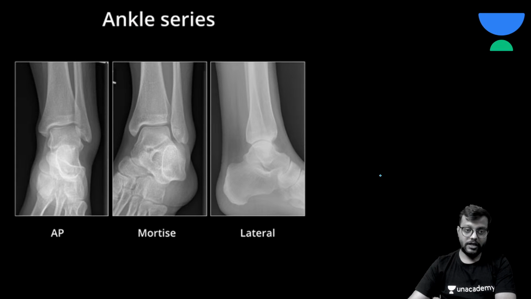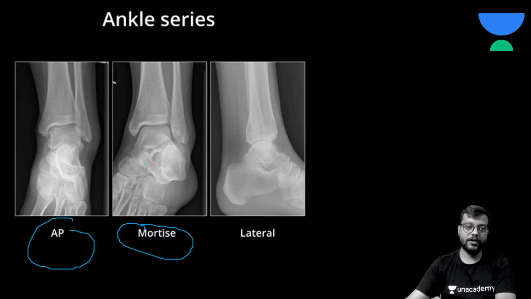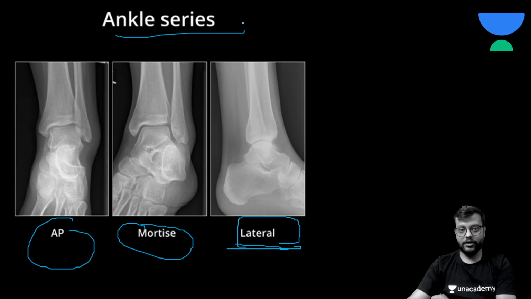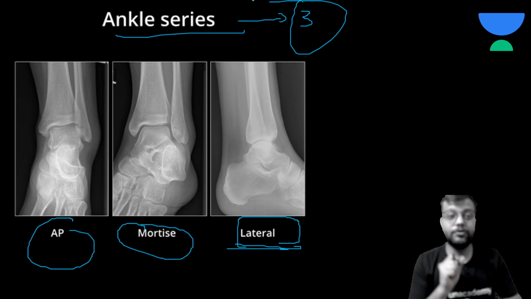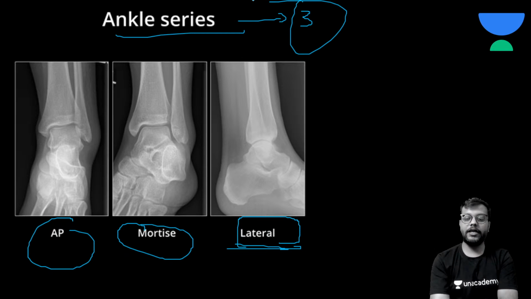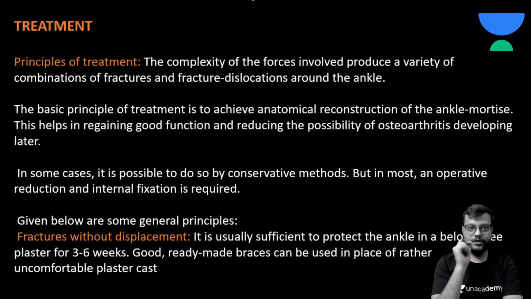Now ankle series, I have already told you, this is your AP, this is your mortise, 15-degree internal rotation में entire joint line and no overlapping of this tibia and fibula, and this is your lateral view. Okay, so ankle joint का कोई भी injury हो, you have to go for these 3 ankle X-rays.